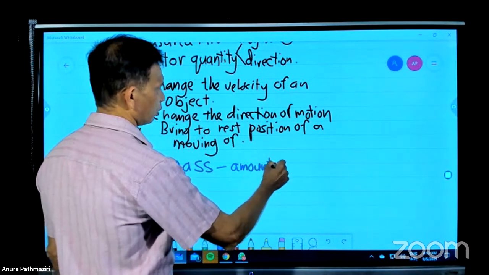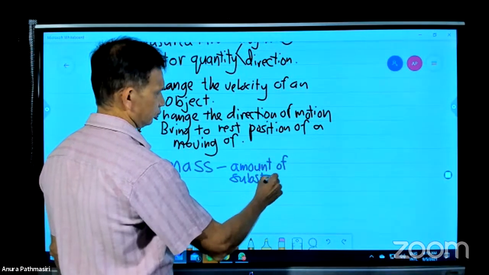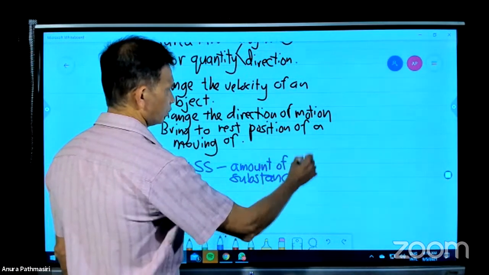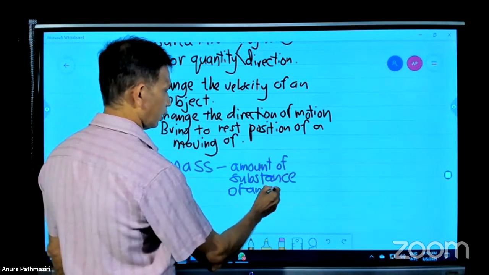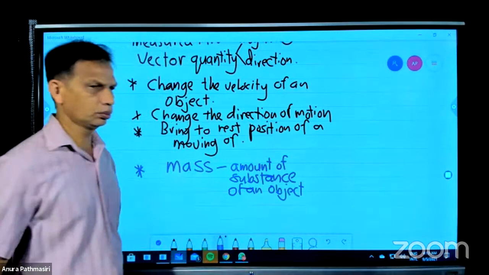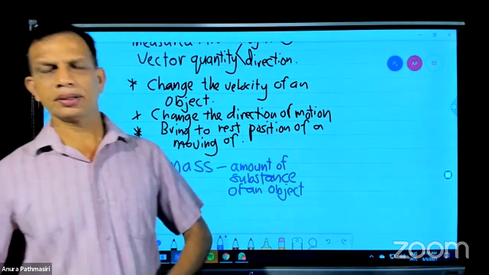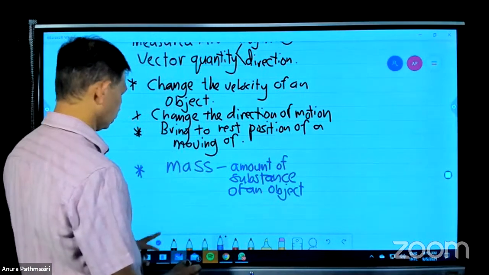Amount of substance of an object is the mass, measured in kilogram.